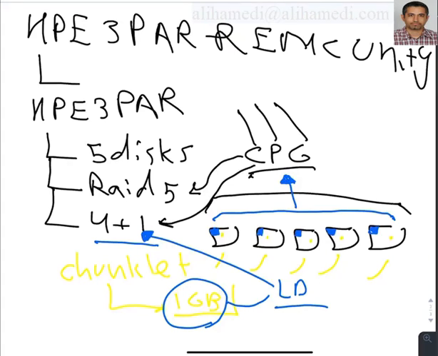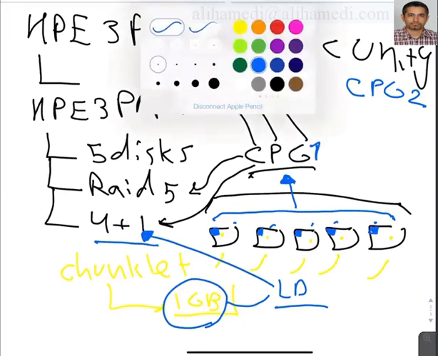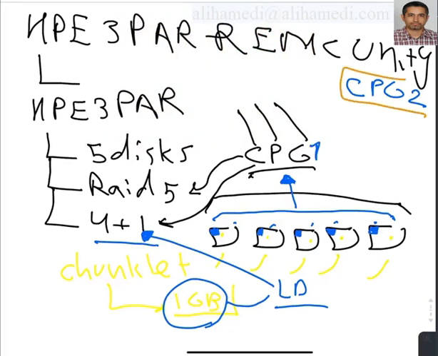What does it mean? Now I can create another object like CPG2. This is a new object. We have CPG1 with these 5 disks. Now I want to create CPG2.